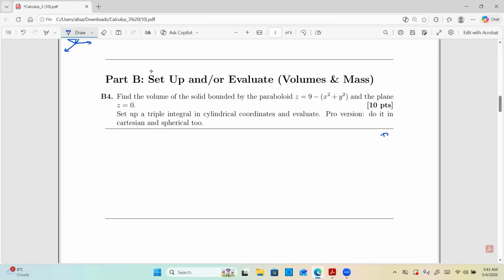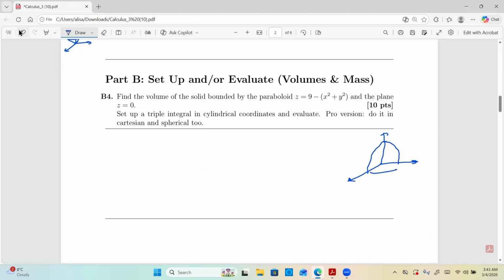It's going to be a paraboloid starting at 9 and going all the way down, something like this. So let's not draw something from the bottom.